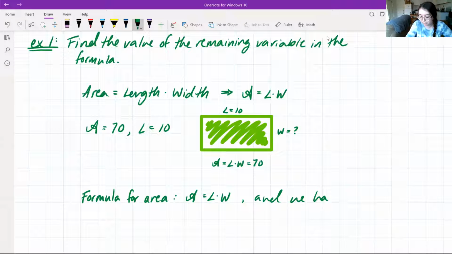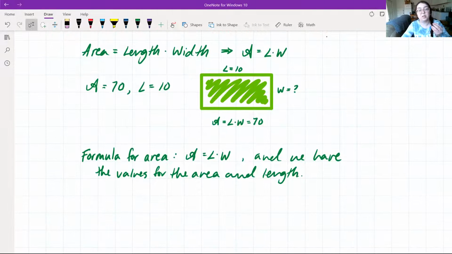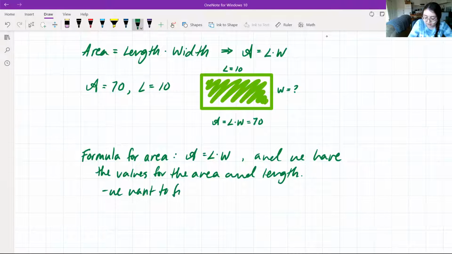And we have the values for the area and length. So all we need to do is plug these values in. We're trying to find the value of our remaining variable in this formula. What we don't have is the width, so we want to find the width.